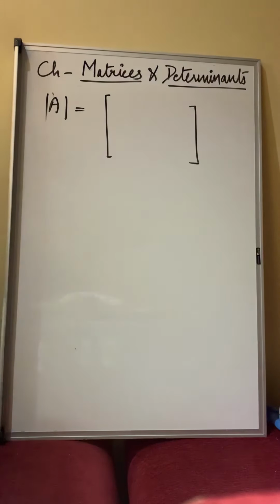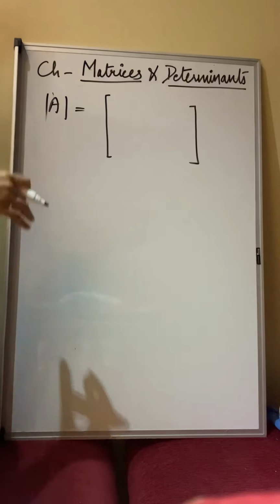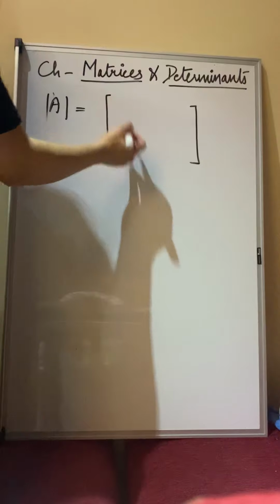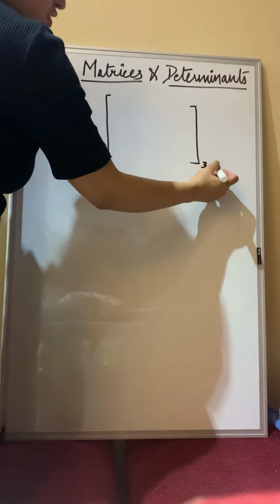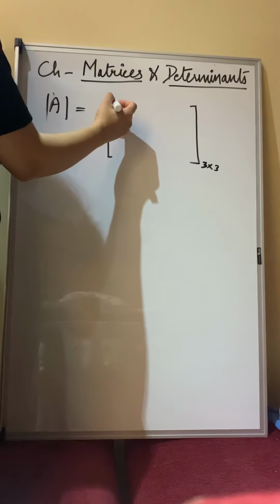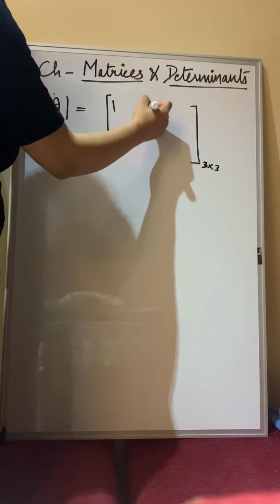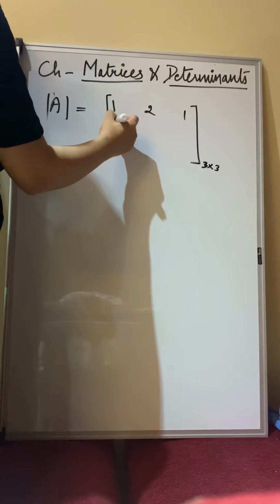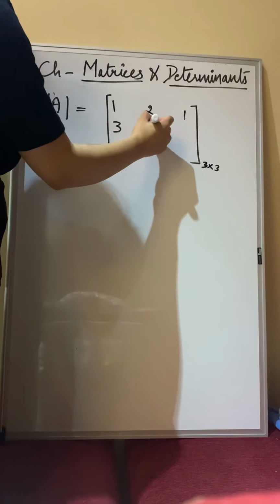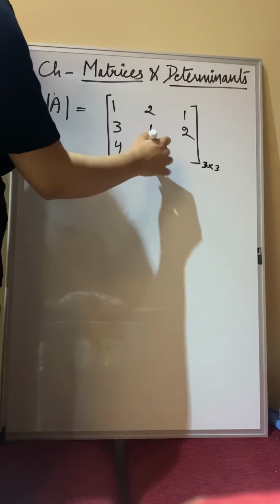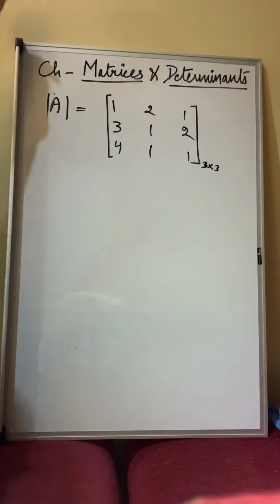You can note down the same example, because later on I will explain everything from this only. Determinant of A, I am taking a matrix of 3:3. Let us take some values randomly. It's 1, 2, 1, 3, 1, 2, 4, 1, 1. You can take any.